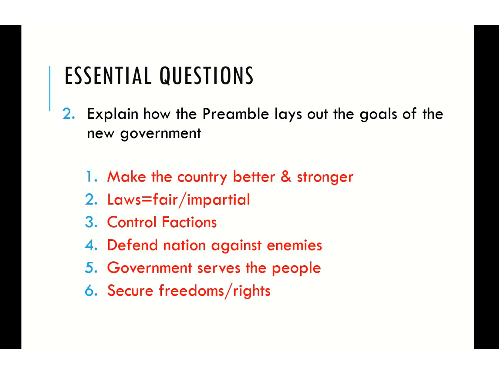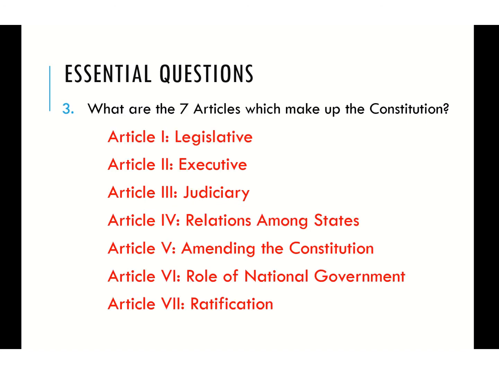Question 2, talking about the preamble. Know those 6 goals based on the language of the preamble, making our country strong and fair, and protecting ourselves and securing our freedoms. 3, those 7 articles, make sure you understand the structure of the Constitution. Those 7 articles.